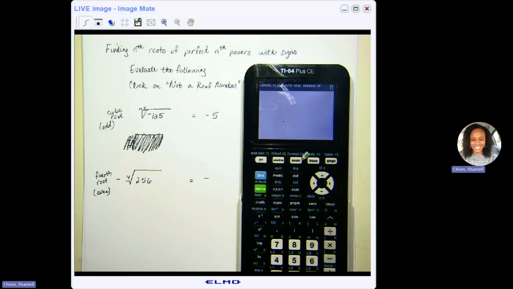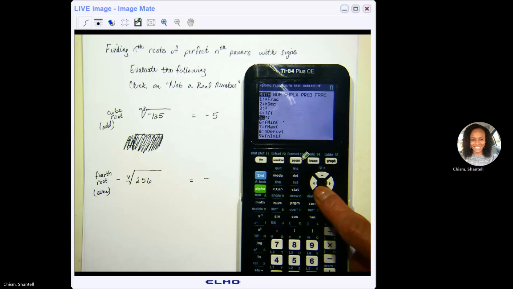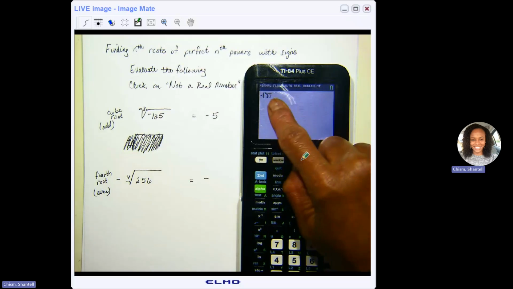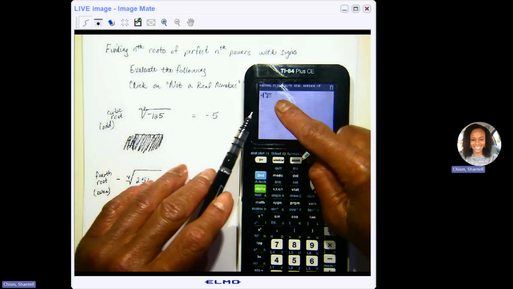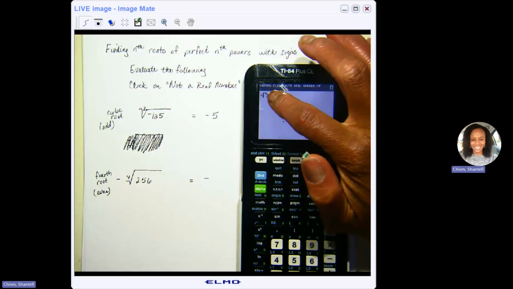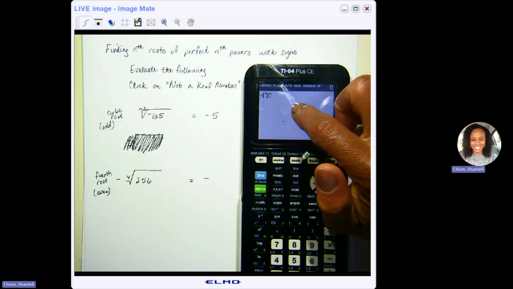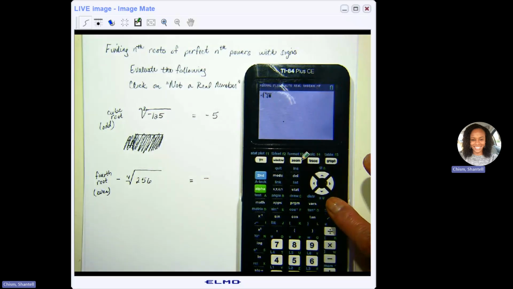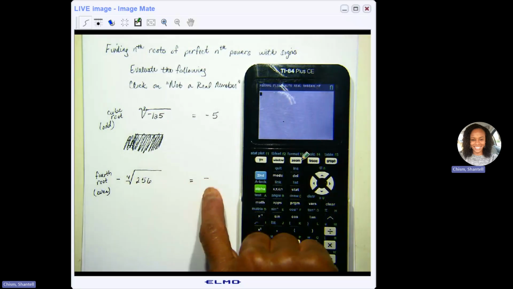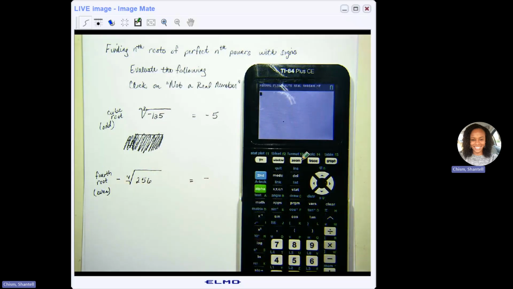Let me do this. Let me go negative, and let me go parentheses, and then press math. Let me go 4, and then press math. Okay, so what I needed to do, because I did not want the calculator to put the negative up there with the root, this is how I'm doing this. Okay, so let me just carry the negative over. Just ignore the negative and just carry it over.